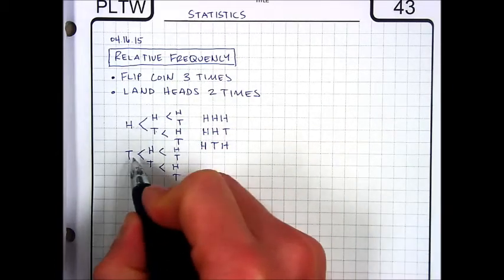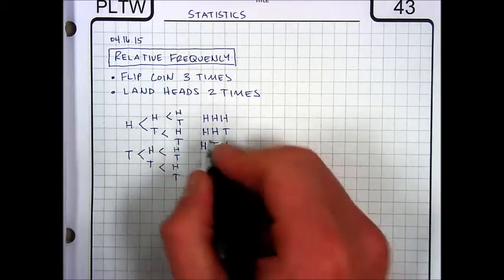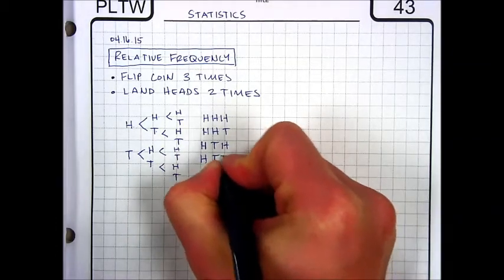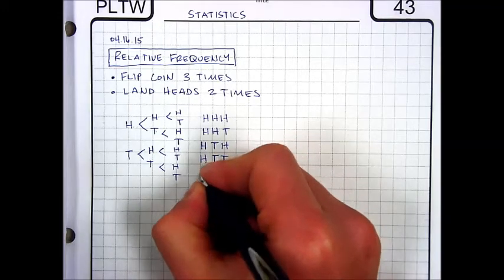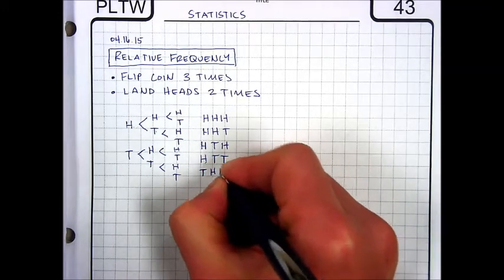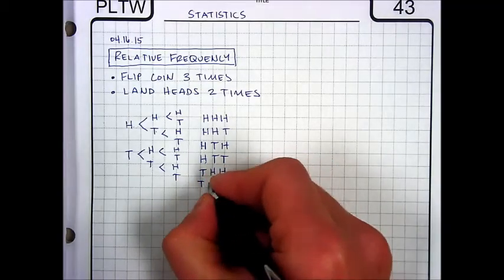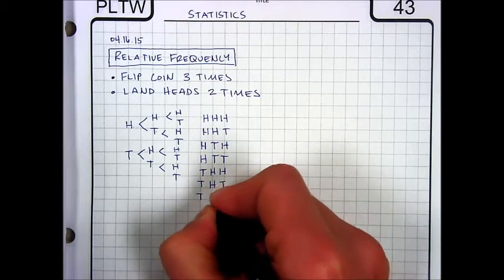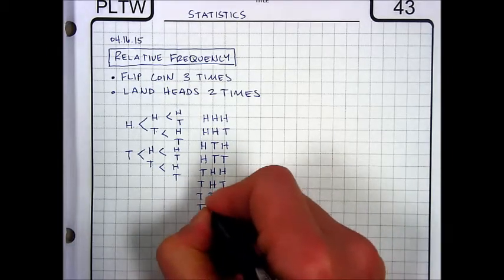The fourth option we had was head, tail, tail. Fifth, tail, head, head. Sixth, tail, head, tail. Seventh, tail, tail, head. And eighth, tail, tail, tail.